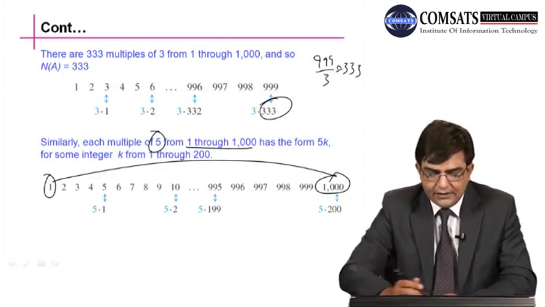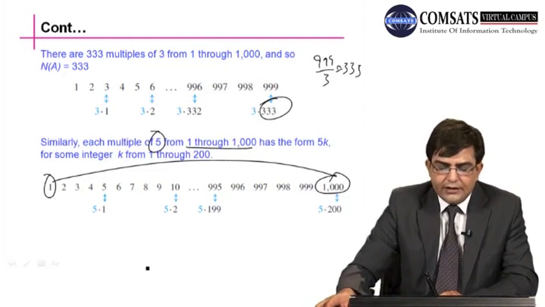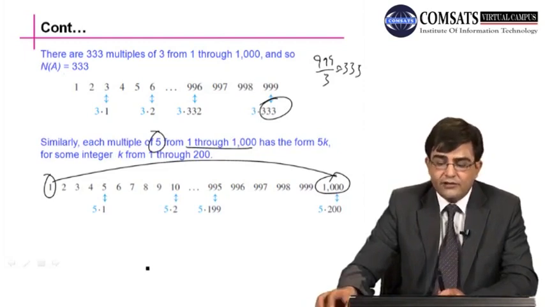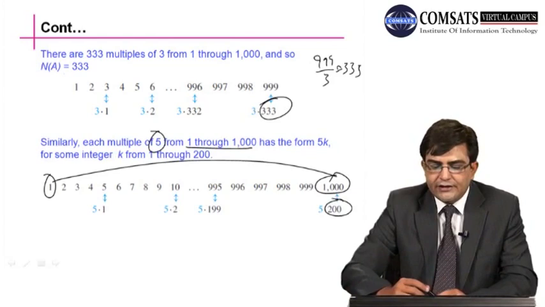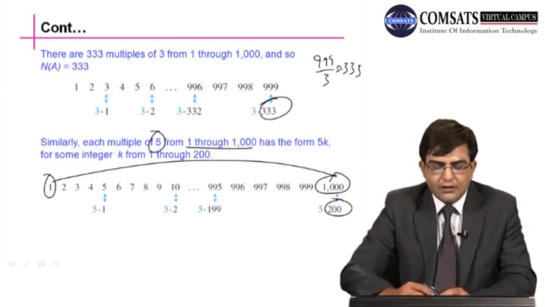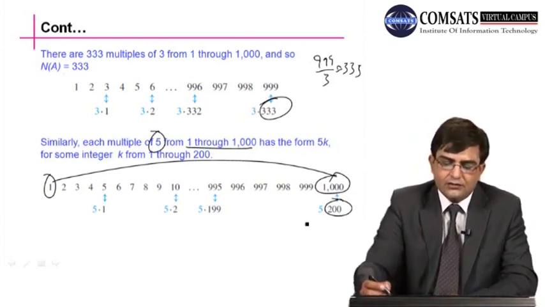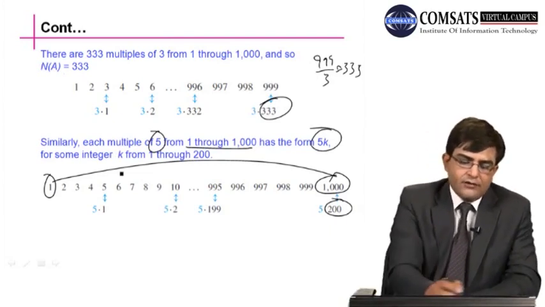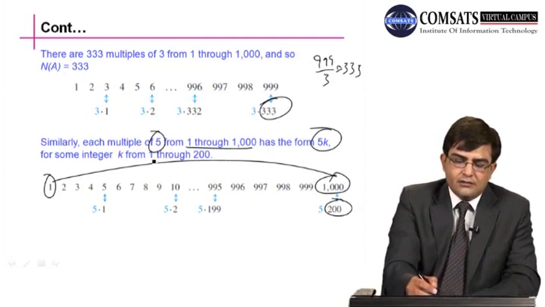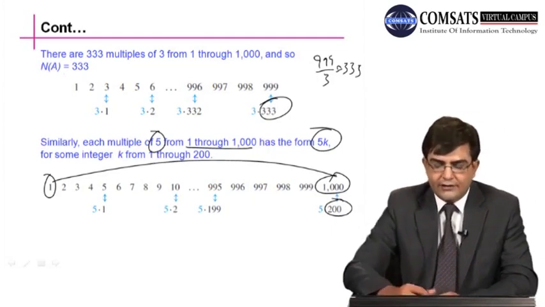There are basically 200 integers which are multiples of 5 from 1 through 1000, because if we divide 1000 by 5, we get 200. So 200 integers are multiples of 5, and all those integers can be written in the form of 5k for some integer k from 1 through 200.